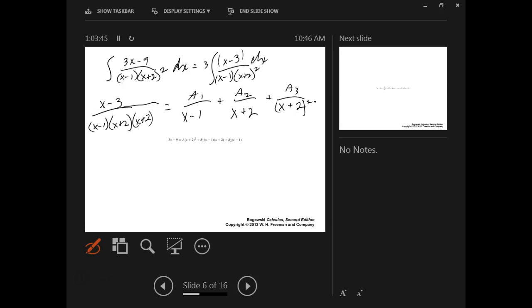Find the numbers. Okay, and what is that? X plus 1. Okay. X minus 1 times x plus 2 times, and you could write it as x plus 2 squared.